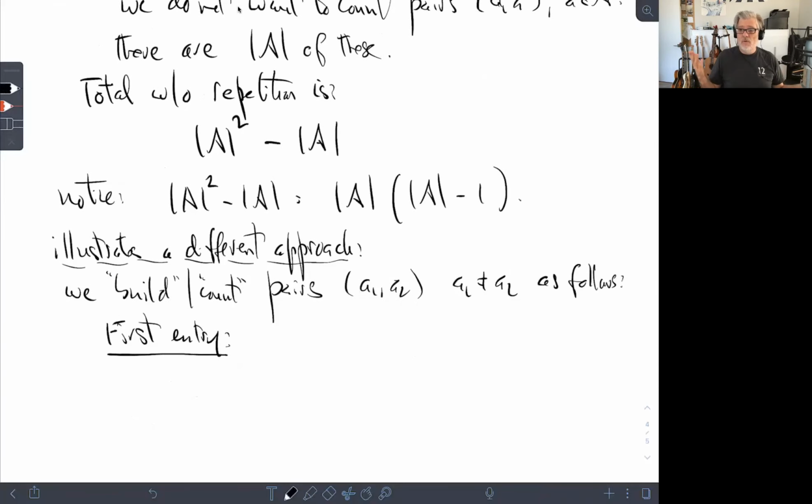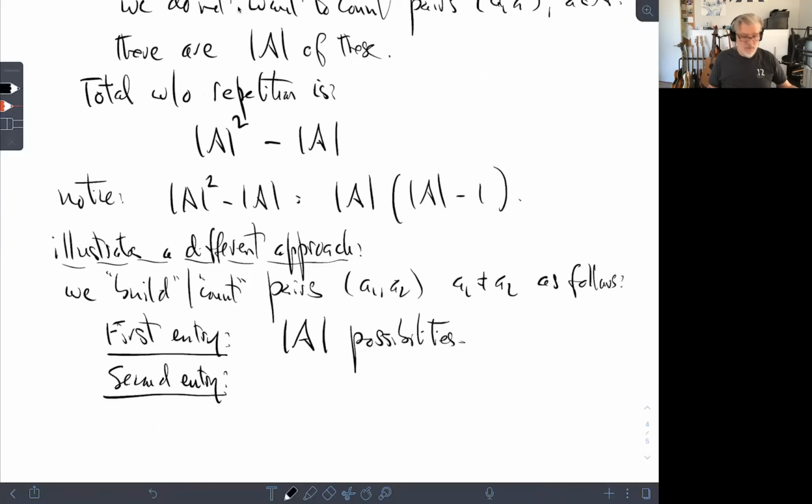I can choose anything I want, right? So there are size of A possibilities. Now, once I've chosen that, for the second entry I can choose whatever I want except the one that I chose for the first entry. So there are size of A minus 1 possibilities left, all except the first entry.